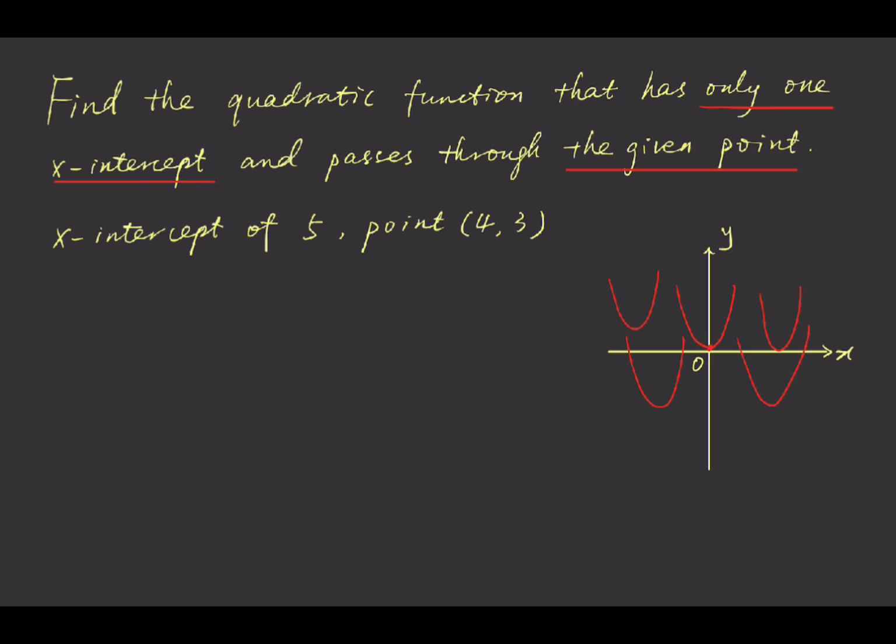one x-intercept. If the vertex of the graph is just on the x-axis, we can say this function has only one x-intercept. For these two situations, they have two x-intercepts, not just one.